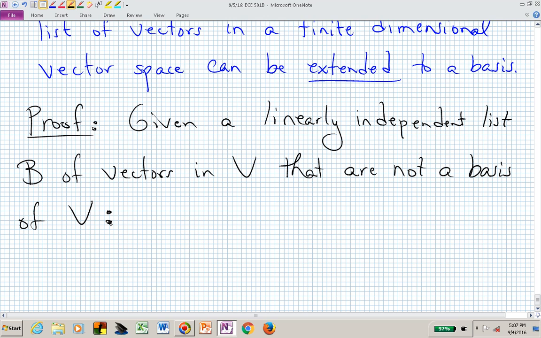A basis has to have two properties. It needs to span the space and be a set of linearly independent vectors. This one's linearly independent, but it must not span the vector space.